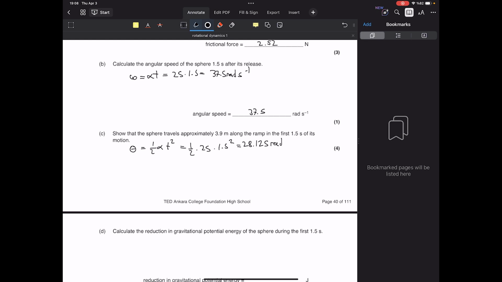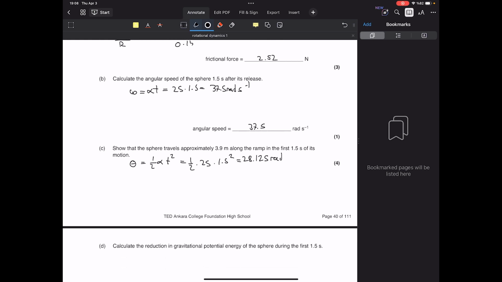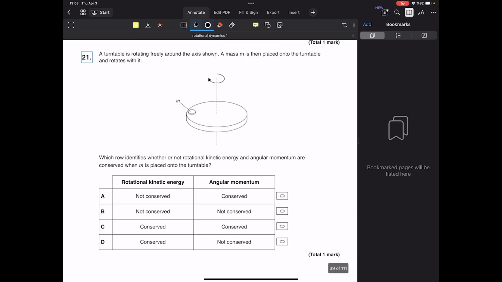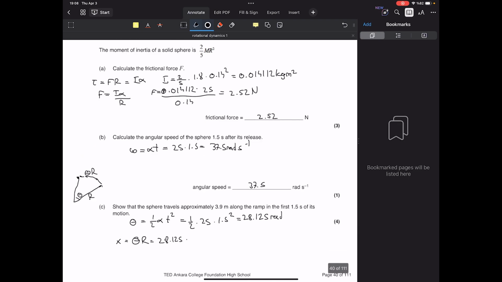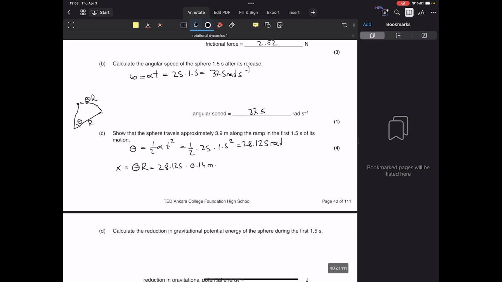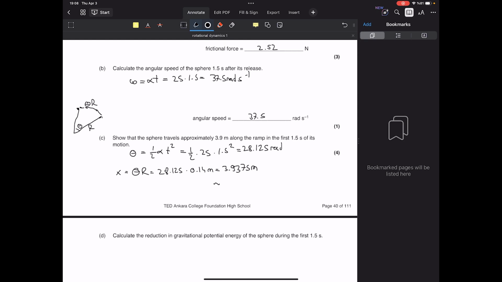Now, if a point rotates by theta radians, and the radius is r, then the distance it has covered is theta r. So the distance x is 28.125 times the radius, 0.14 meters, which is 3.9375 meters, which is indeed approximately 3.9 meters.